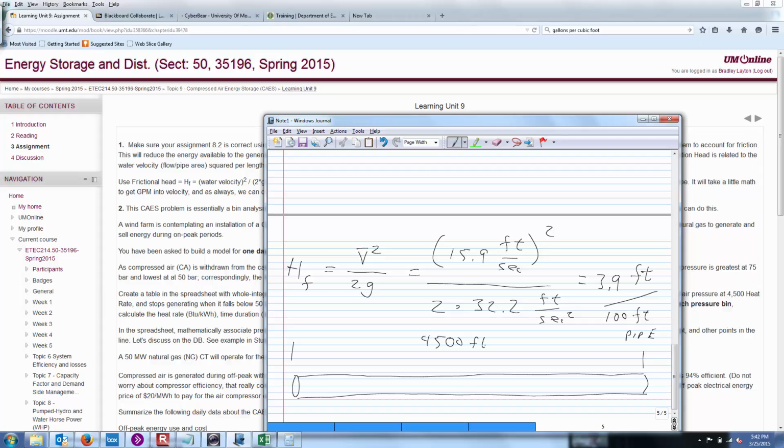So the whole pipe is 4,500 feet long, and you're going to have across the entire thing a delta P, a change in pressure.